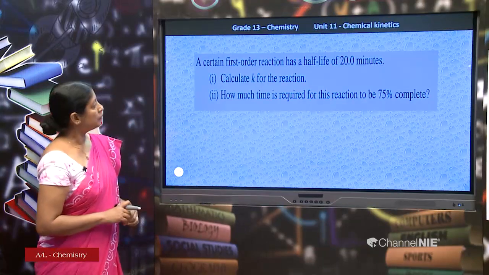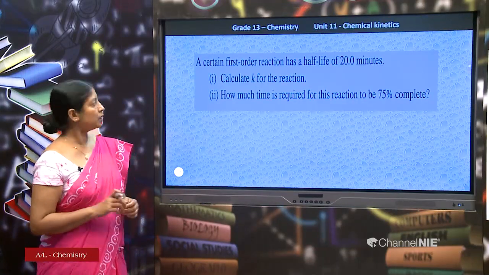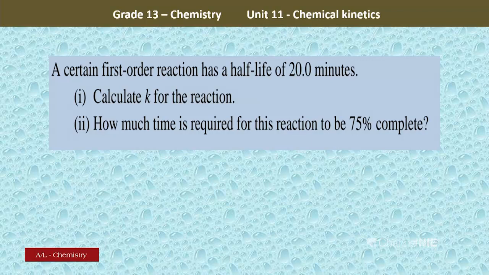Here you are provided with another question. The importance of this question is that it is given as first order. The calculation can be done like this because the reaction is first order. Otherwise, if the order with respect to that particular reactant is not given, you can't do the calculation. In the first part, the half-life is given as 20 minutes.